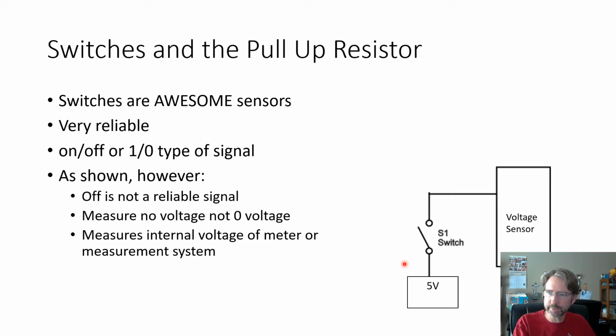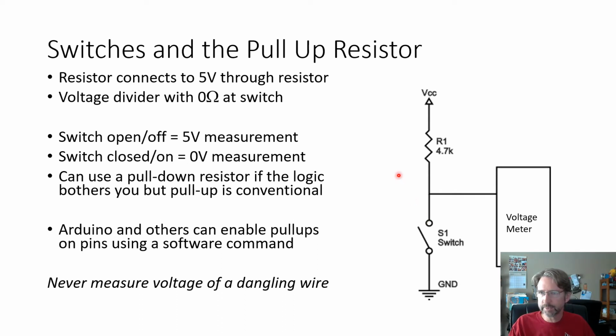What you need is to have it always be on or off, connected to here. So this is the most common way to wire up a switch that works well, using what's called a pull-up resistor. We've changed the wiring so the switch is connected to ground initially, and this is most common. You can reverse it.